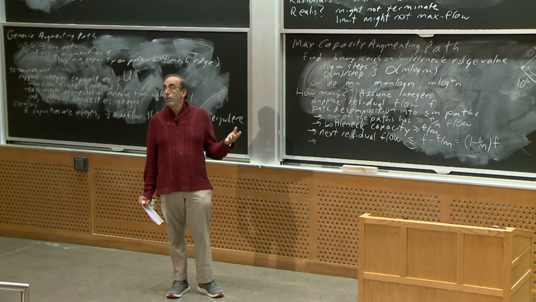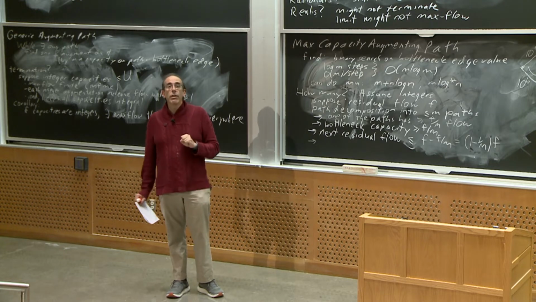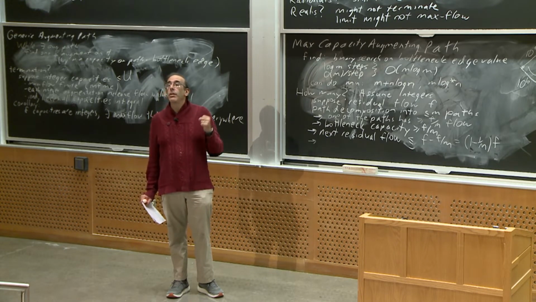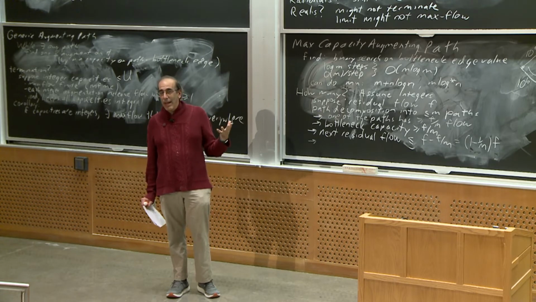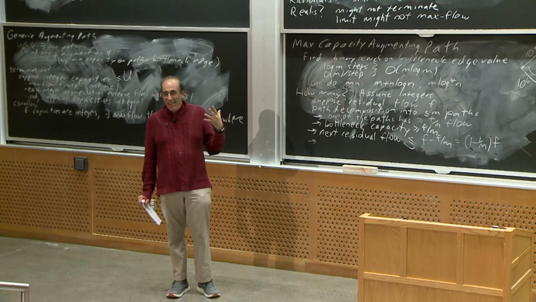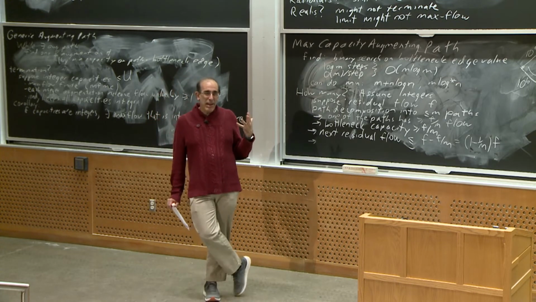Okay, suppose that I tell you that the residual flow has gotten down to a half, right? Yes? They're integers, right? Integer augmenting paths give us integer capacities by induction, and they're always integers. So if we have got the residual max flow down to a half in a graph with integer capacities, the max flow is integral.